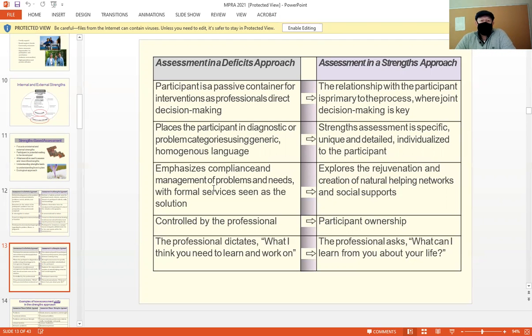Deficits approach, the professional dictates. What I think you need to learn and work on is, that's straight up. This is what I think you need to do. Strengths approach. The professional asks, what can I learn from you and about your life? Once you get that information, then you've shown that you care about the individual.